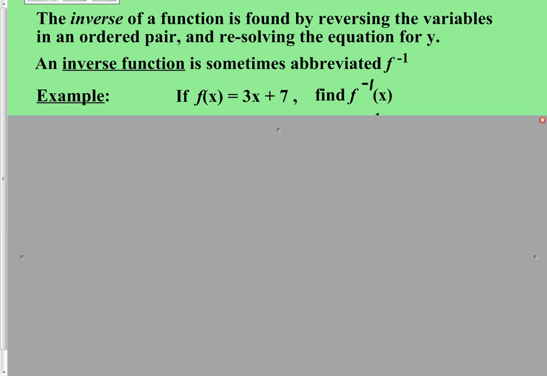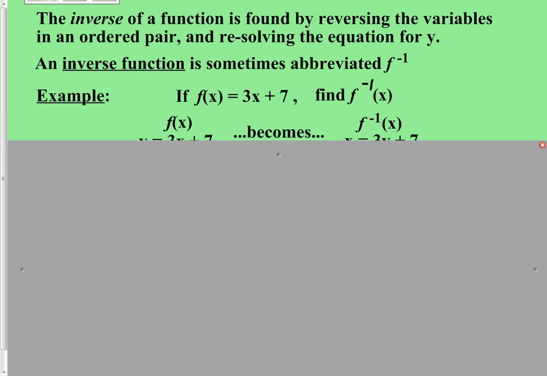It is linear because we have y to the first and x to the first. What an inverse is going to do, as we said, is switch the positions of the abscissa and the ordinate. So x and y are going to switch places. Instead of y equals 3x plus 7, the inverse will read x equals 3y plus 7.